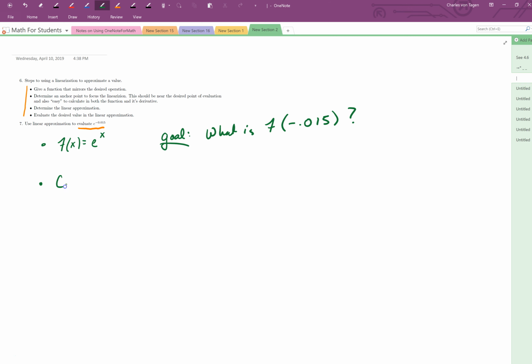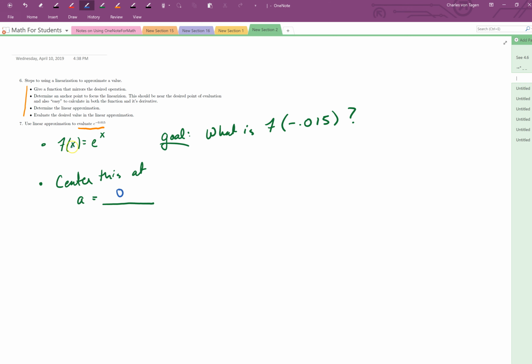So pause the video for a moment and think about what that value should be. We want to center this at a equals what? Go ahead and pause the video and decide where we should be centering this linearization. So we want to center this linearization at a equals 0.